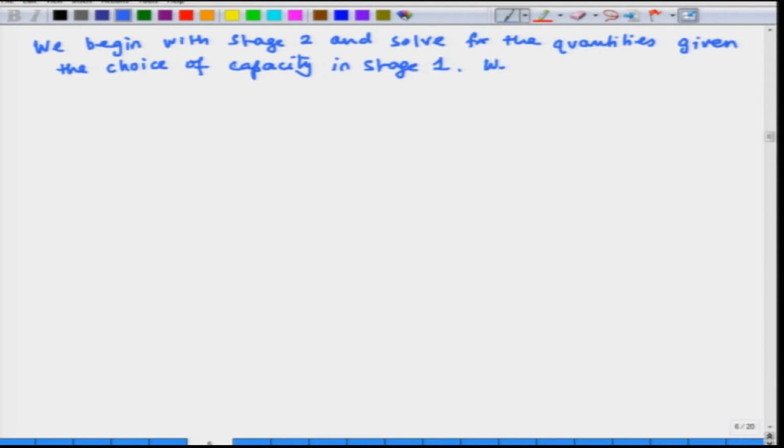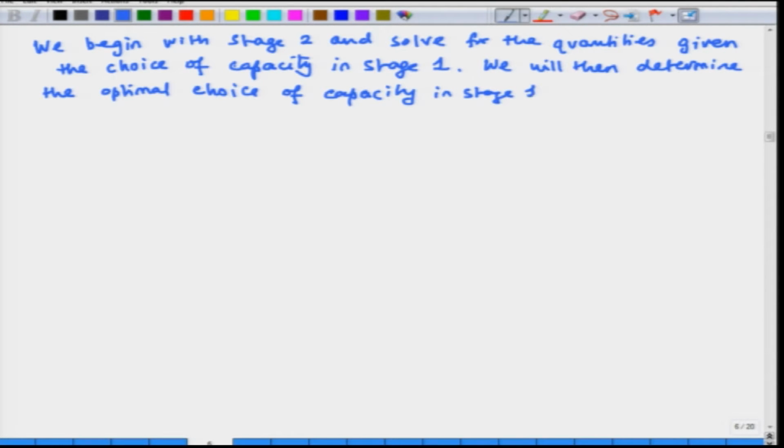We will then determine the optimal choice of capacity in stage 1 that maximizes I's profit in stage 2. So, this is the standard way in which we solve the leader-follower game in any sequential game.